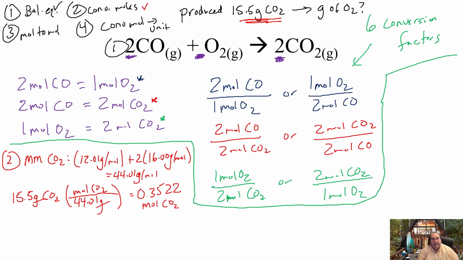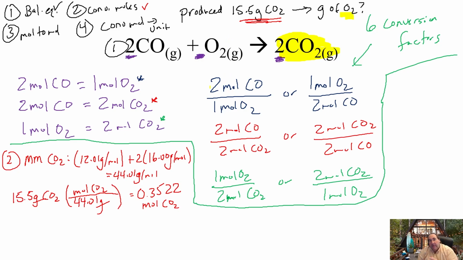So this is the second step, which was convert to moles. At this point, I am still really over here. All I did was convert the units from grams of CO2 to moles of CO2. That's good, but ultimately I'm looking for O2.